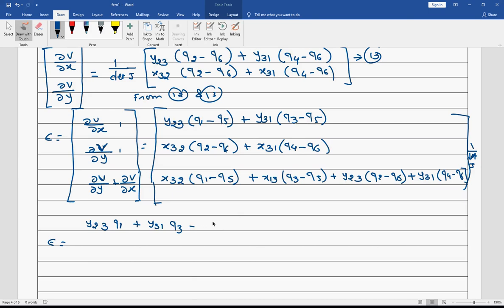Okay, I take the common minus, no issue. So I can add it. So I take out q5 common, and then I can write minus y23, leave it this, plus q5 y23 minus y31.